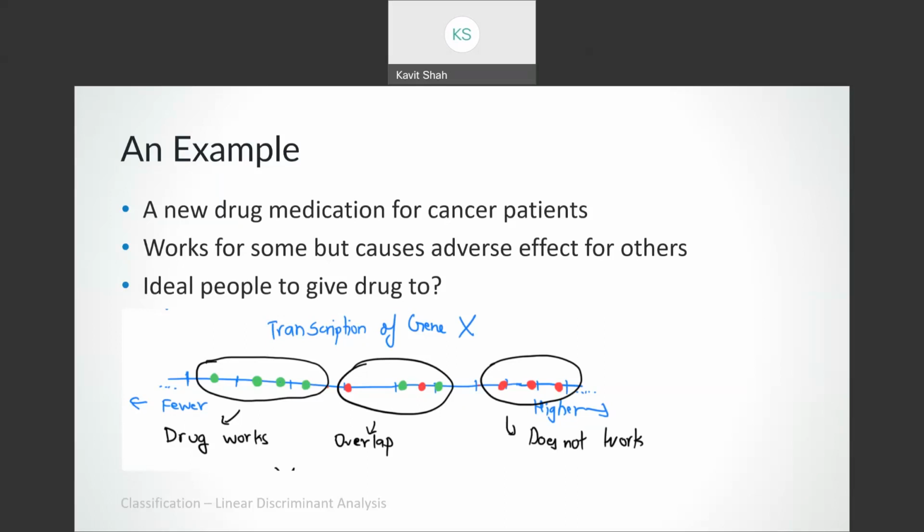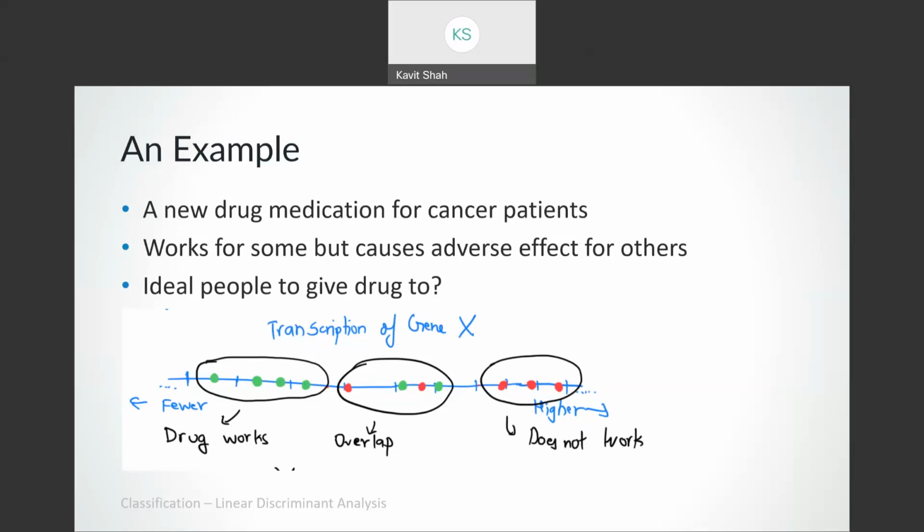However, they have a trend which shows how the drug performs on patients with different transcription levels of genes, where transcription level is basically an RNA version of the particular gene. So as can be seen in the figure below, the single axis shows the transcription of gene X from fewer to higher transcription, and the green portion shows the people whom the drug works on, and the red shows the people whom the drug does not work on.